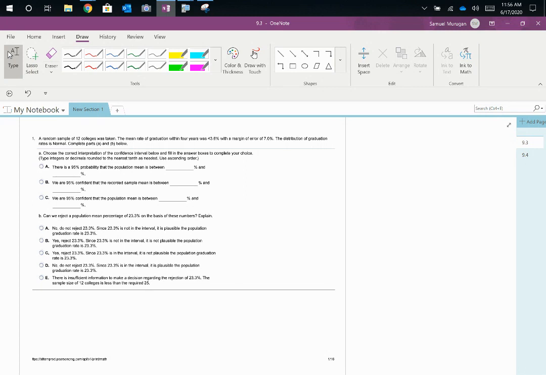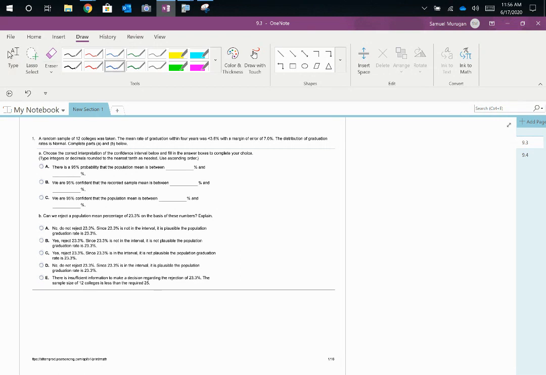The distribution of the population is normal. Complete the parts below. 1. Choose the correct interpretation of the confidence interval below and fill in the answer boxes to complete your choice.